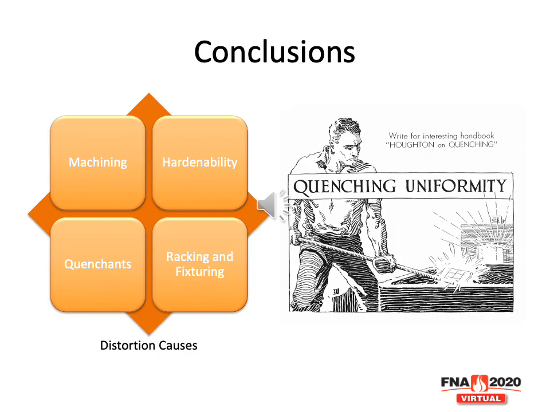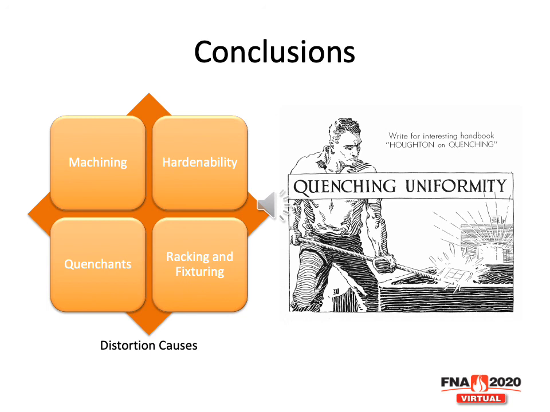In this short talk, we've talked about some of the key influences on controlling distortion and residual stresses. The big effects are machining, how the part is made into near net shape, the hardenability of the steel, the quenchant that's chosen and how you quench, as well as how these parts literally enter the quenchant, how they are fixtured, and how they are racked.